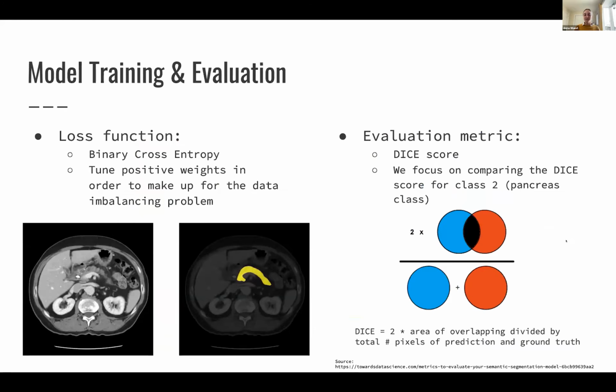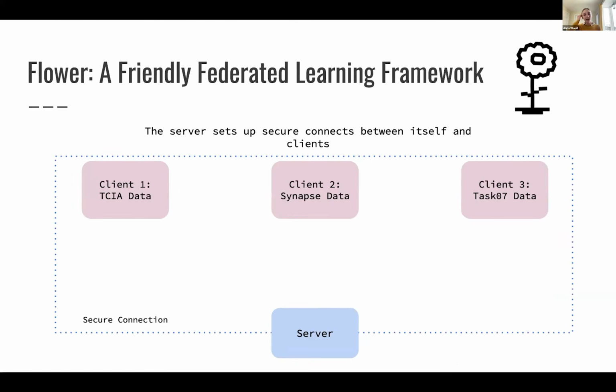So finally, to deal with the data issues I mentioned previously, we use the DICE score for a more weighted evaluation metric, so that we can prioritize the correct labeling of the pancreas as opposed to the correct labeling of the non-pancreas. And then of course, we use a binary cross entropy loss with tuning of the positive weights to make up for the data imbalance.